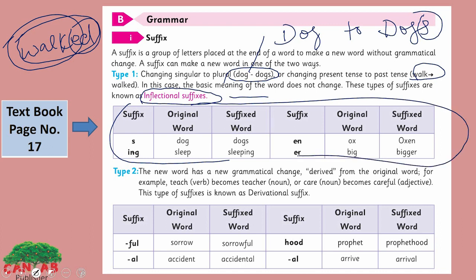Like here, these are the nouns here. The singular form, the original word is dog, and the inflectional suffix form is dogs. We have added s here. Here, the original word is ox here, and the plural form of the ox will be oxen here.